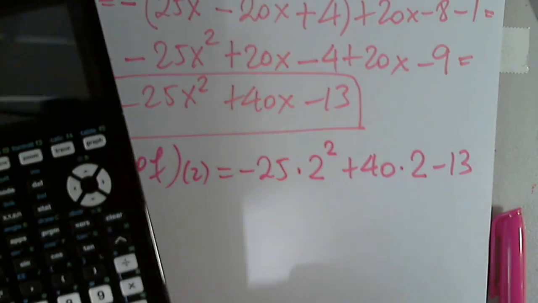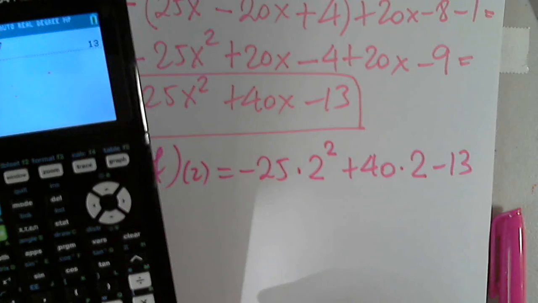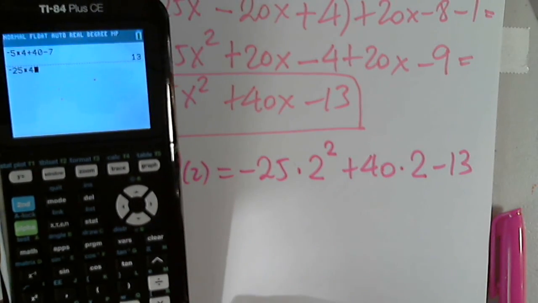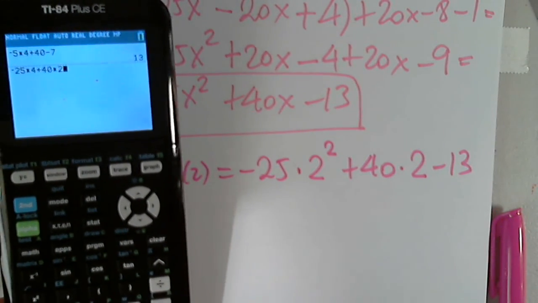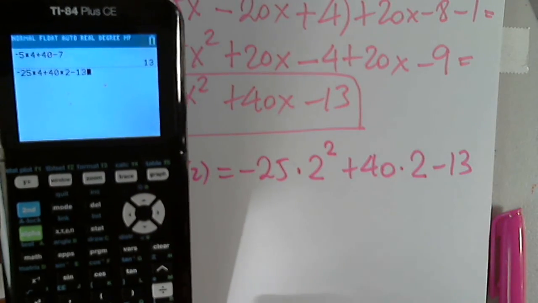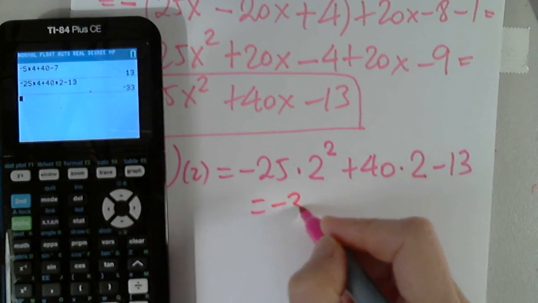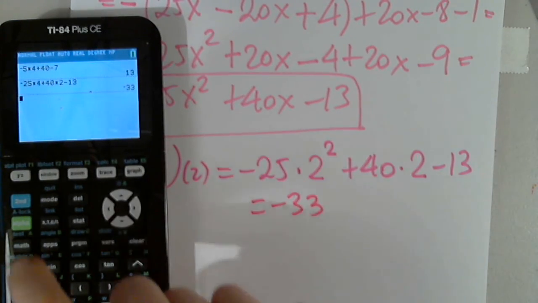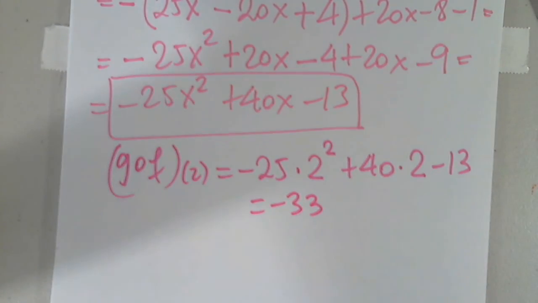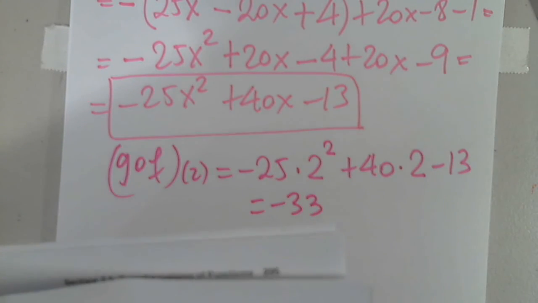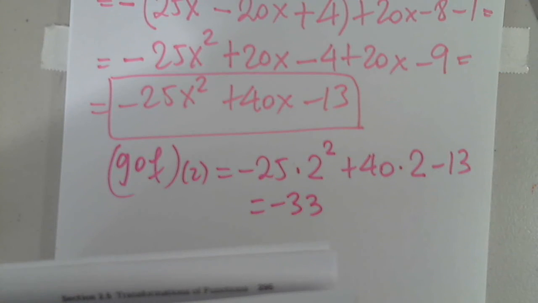So, or put in the calculator, negative 25 multiplied by 4 plus 40 multiplied by 2 and minus 13, and I got negative 33. This is how we determine any function composition.